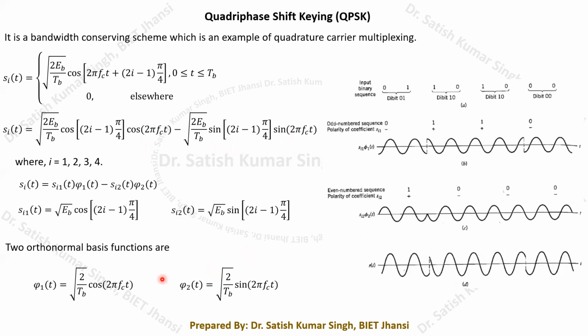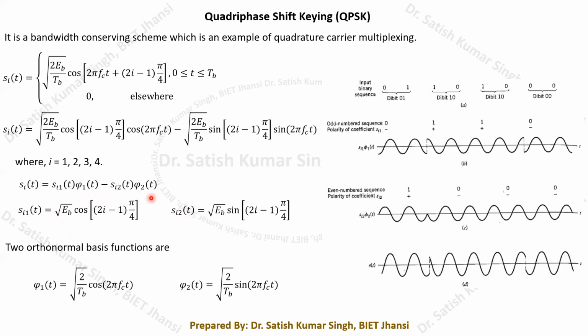So these are the two basis functions, and these are the two signal points. From this particular expression of Si(t), we can find out the different message points.